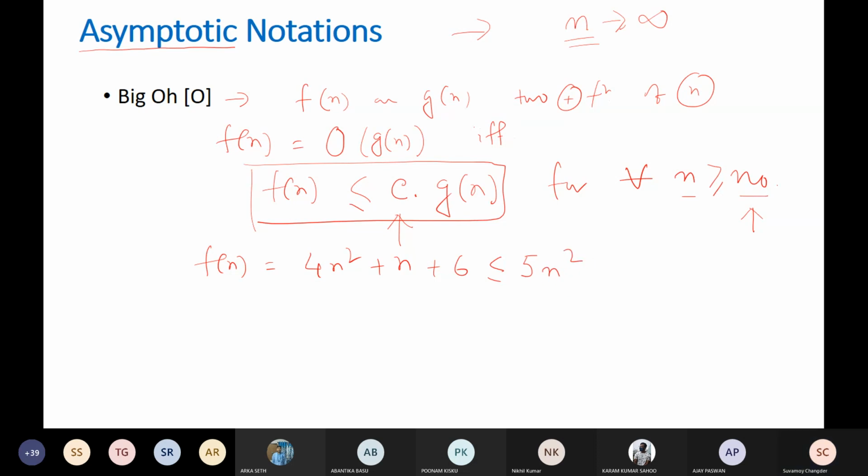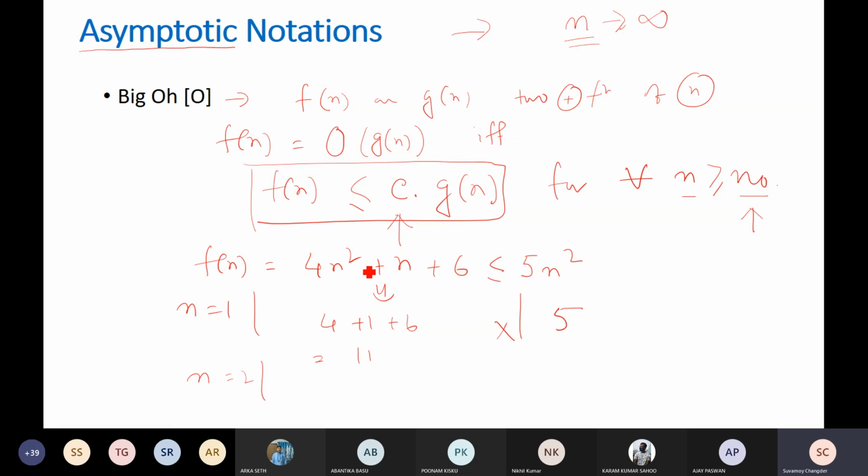Let us put n equals to 1. For n equals to 1, we get 4 plus 1 plus 6, that is equal to 11. But here we are getting 5. Therefore this inequality does not hold true. So for n equals to 1, this is not correct.